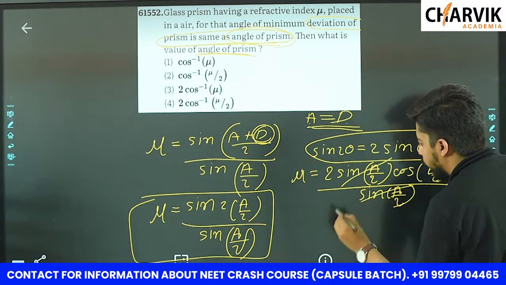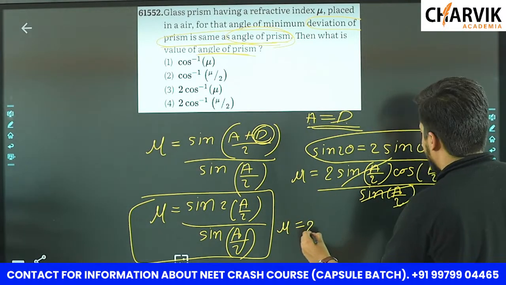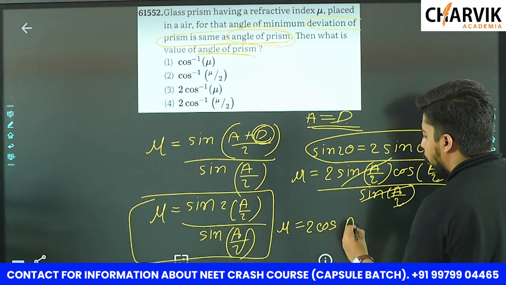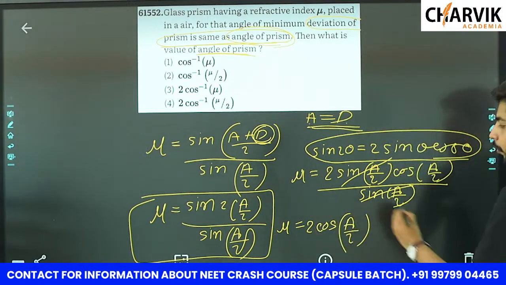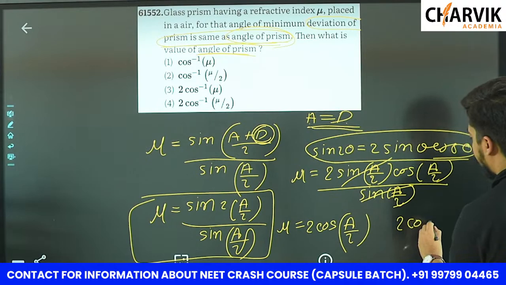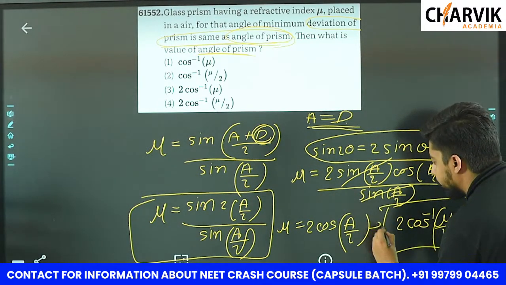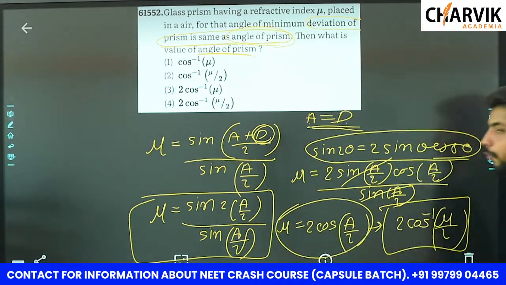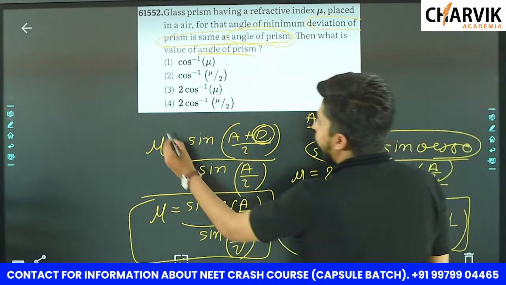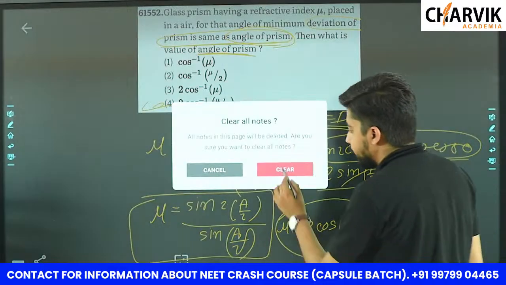The sine A by 2 cancels out, and you remain with mu is equal to 2 times cos A by 2. Now A will be 2 times cos inverse of mu by 2, which is clearly visible in your option number 4. Okay.